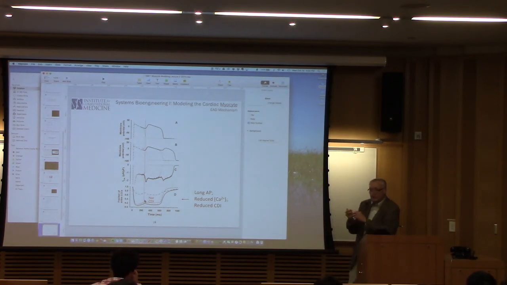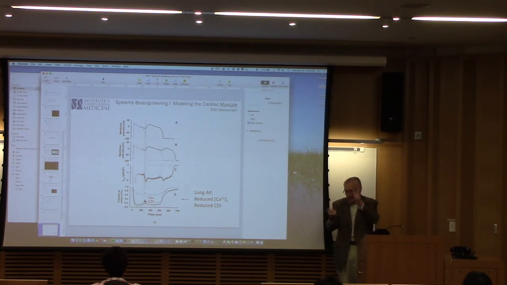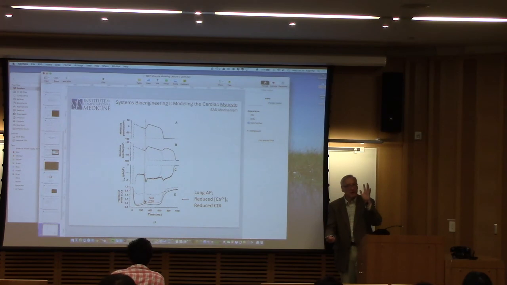And so when we prolong the action potential, we're enabling this to happen. We're giving a time window over which calcium in the cell can be pumped back into the SR. The calcium level is dropping, and so the calcium channels are recovering from calcium inactivation.